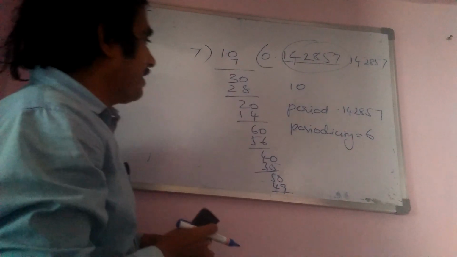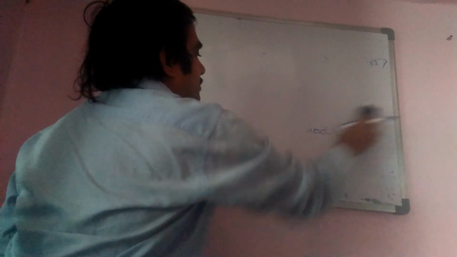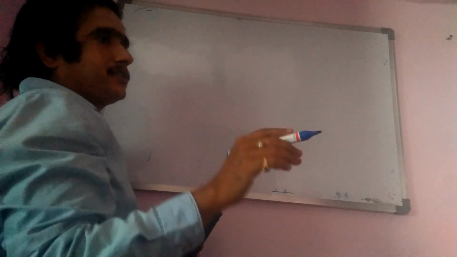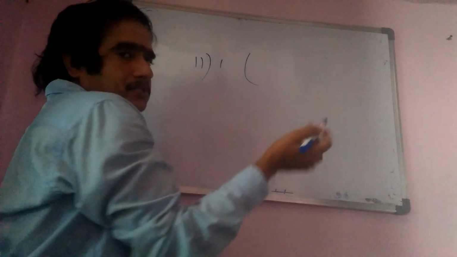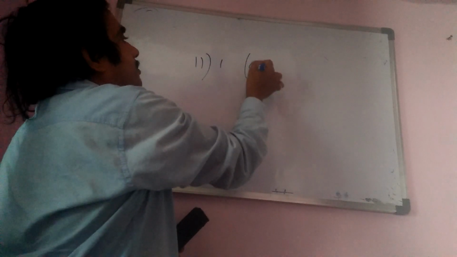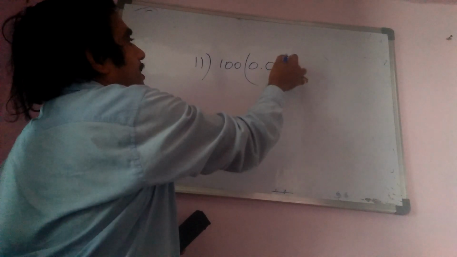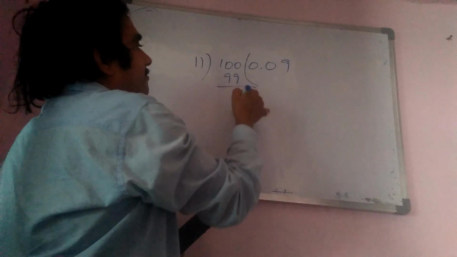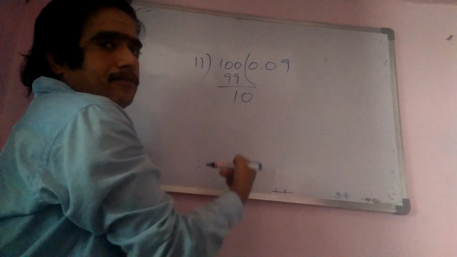In a similar way, we will get for some more. With 3 we already checked, with 7 over, better take 11, 1. What happens? We will see. 0.0, it won't go. So put one more 0. 11 nines are 99. 1 0. Every time we can take 1 0, but it won't go.